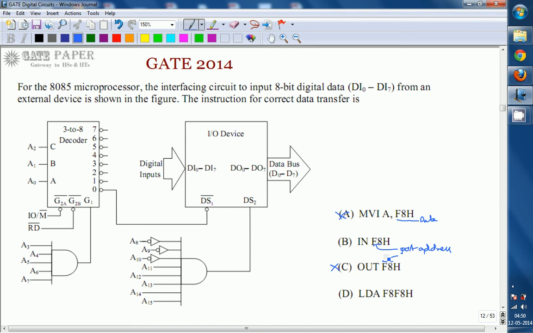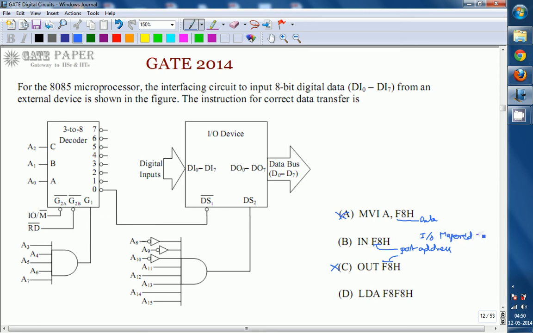It reads the data byte from the F8 location, and the data byte is kept in the accumulator. So this instruction uses I/O mapped I/O.